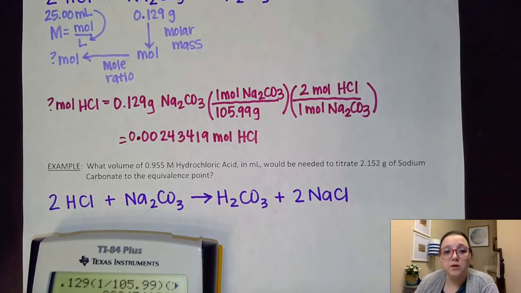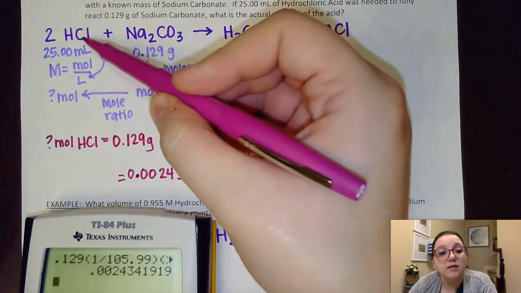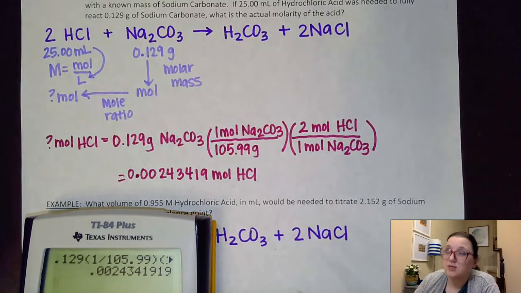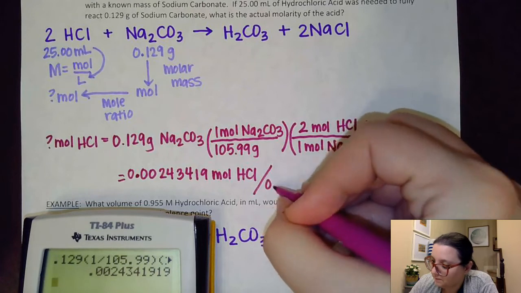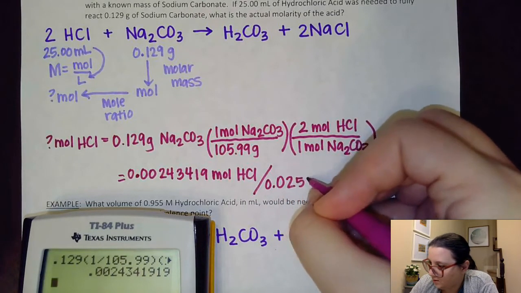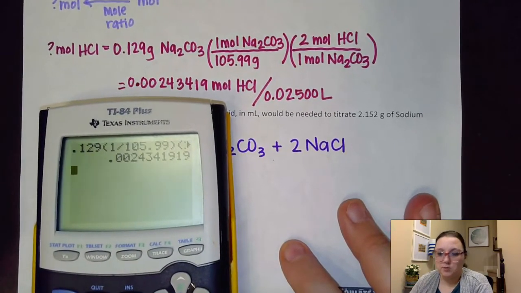However, what I would want to do now, as we said a minute ago, is divide this by my volume. I would want to divide it by 25 milliliters. However, I want to do that in liters, and so I would want to divide it by 0.02500 liters once I move over that decimal 3 places.